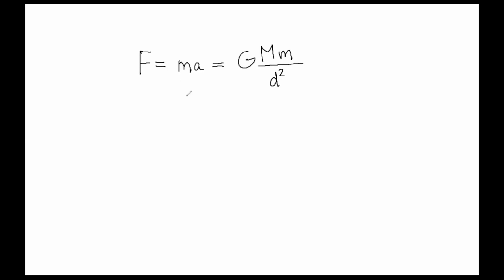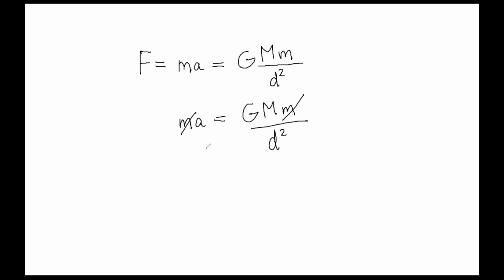Well, we can see that if we rewrite these, we get a lowercase m on both sides, so we can cancel that out. And we're left with an acceleration equal to gravitational constant times the central mass divided by the distance from the center of that central mass squared.